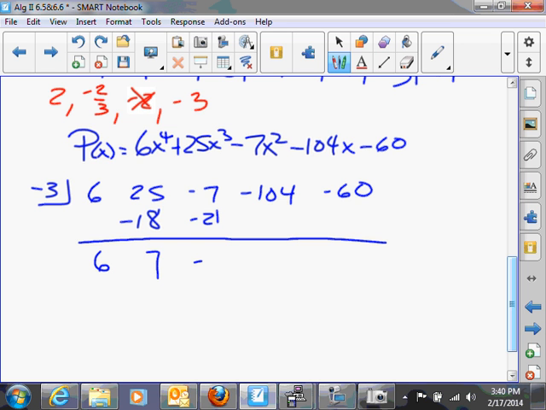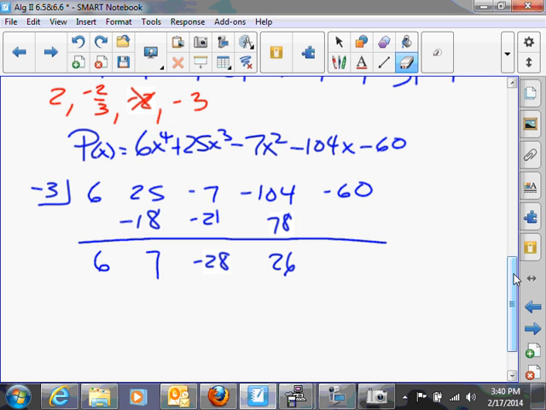That gives us -28 down here. -3 times -28 is positive 78, I think. And so we've got 22 and 4, which is 26. 26 times -3. No, that's not going to be right.